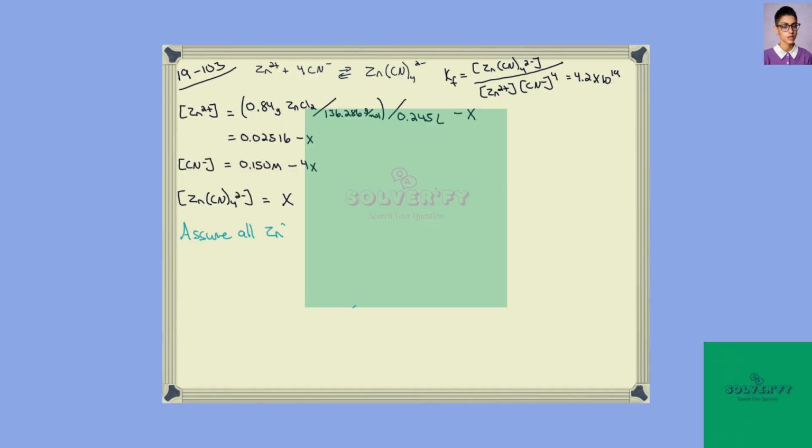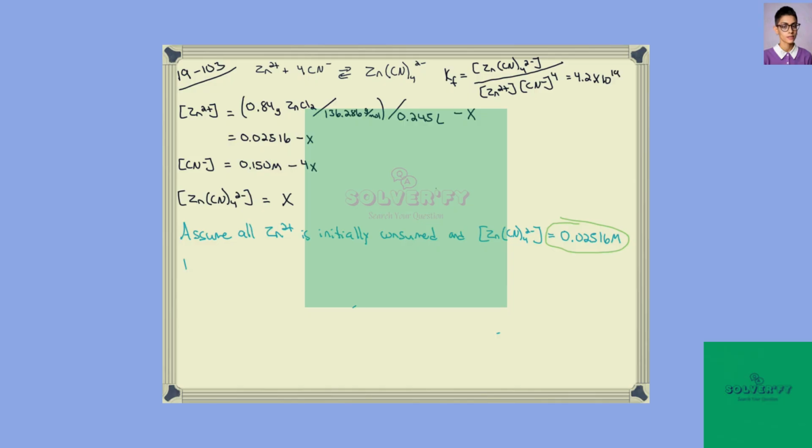So what we're going to assume first is that all of the zinc is initially consumed in order to make the maximum amount of product. And the maximum amount of product can then be determined by the initial concentration of zinc. The initial concentration of zinc, which was calculated with this right here, is 0.02516.